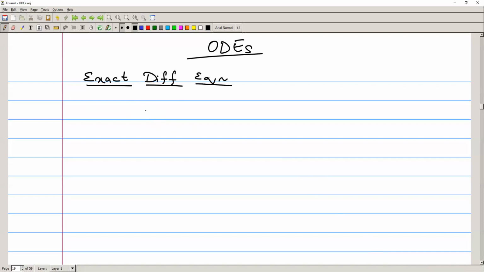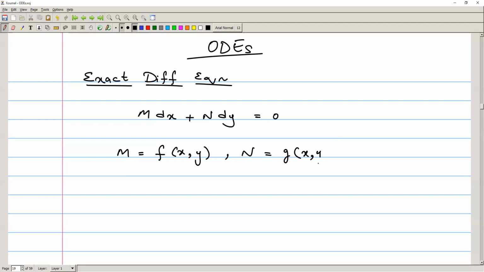Let's say we have a differential equation of this form, M dx plus N dy equals 0, where M is some function of x, y, and N is also some function of x, y, and the partial derivative of M with respect to y equals the partial derivative of N with respect to x.